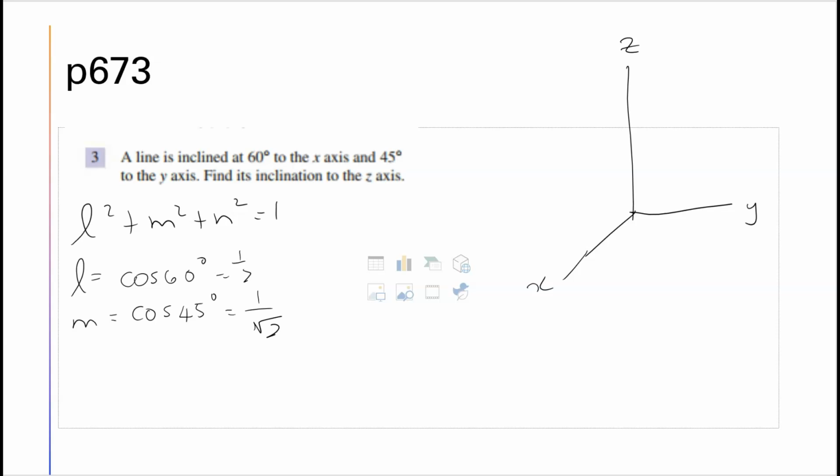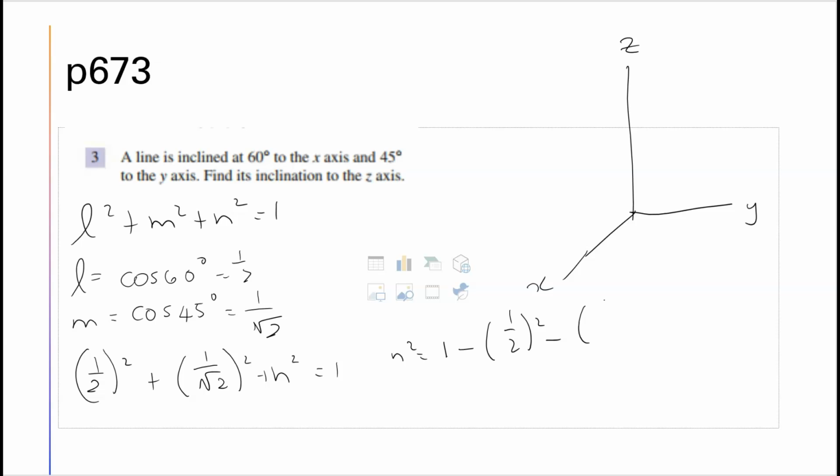And now, using the fact that L squared plus M squared plus N squared equals 1, we can work out what N squared is, and subsequently N. So N squared is going to be 1 minus a half squared minus 1 over root 2 squared, which is a quarter.